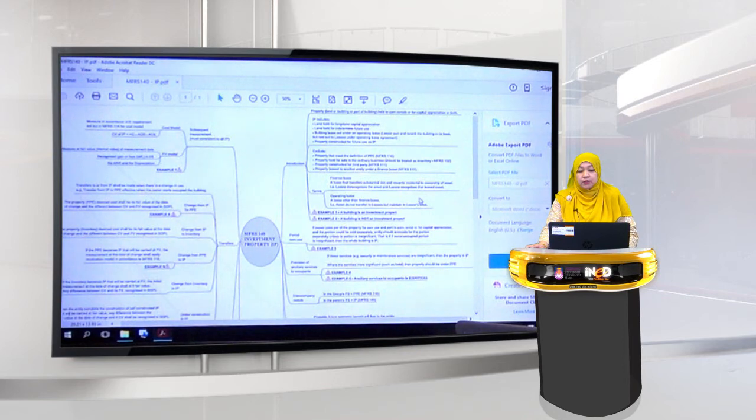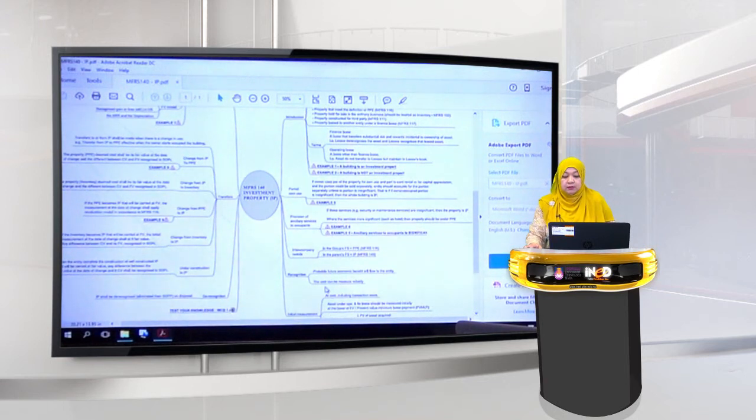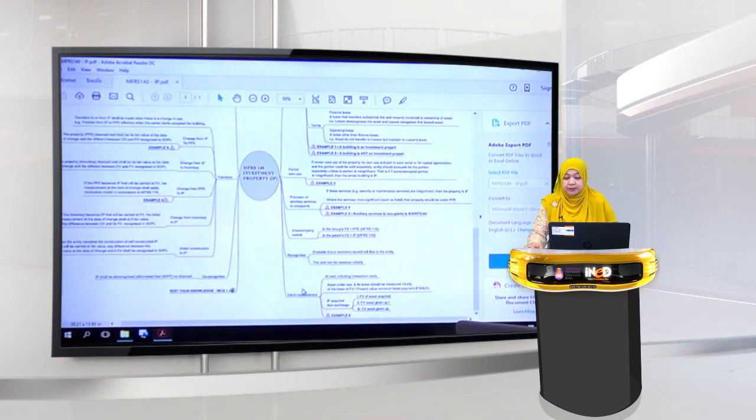We have also learned the recognition of a property, which is when there is a probable future economic benefit that flows into the entity, and the cost can be measured reliably. And we have also covered initial measurement, that is, how we recognize the cost of the investment property when we first acquire it.